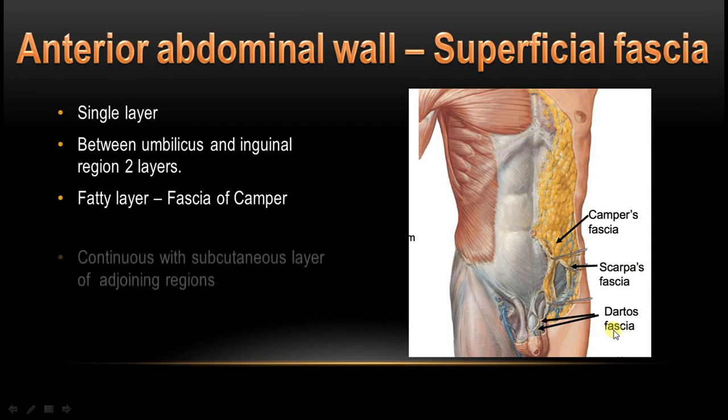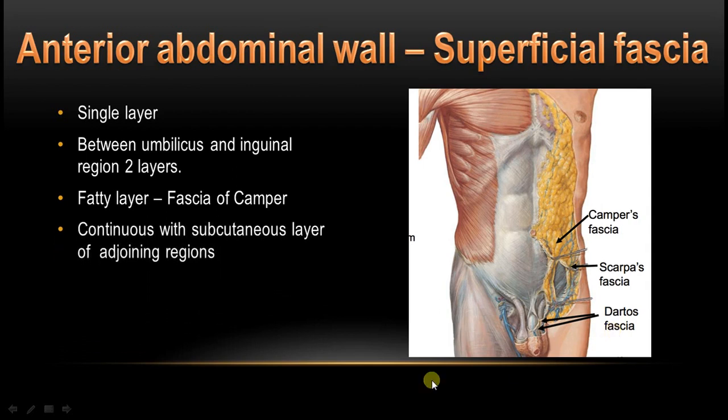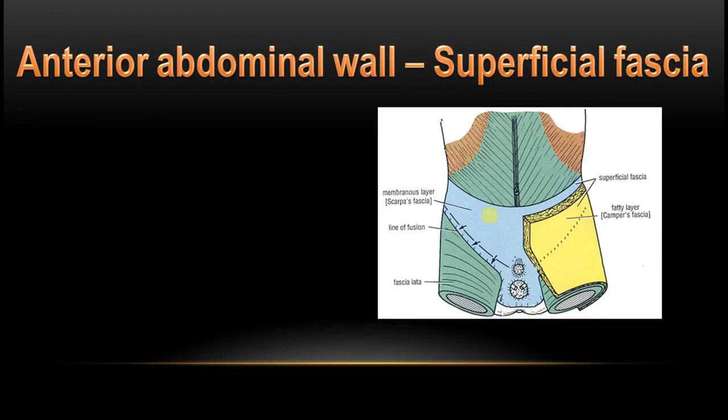So dartos fascia or the dartos muscle, it is subcutaneous and blends with the adjoining region, as I told you. So only in the testis it is replaced by the dartos muscle. That is about the camper's fascia. The next, coming to Scarpa's fascia. This fascia Scarpa is attached along the inguinal fold or the fold of groin, Holden's line.